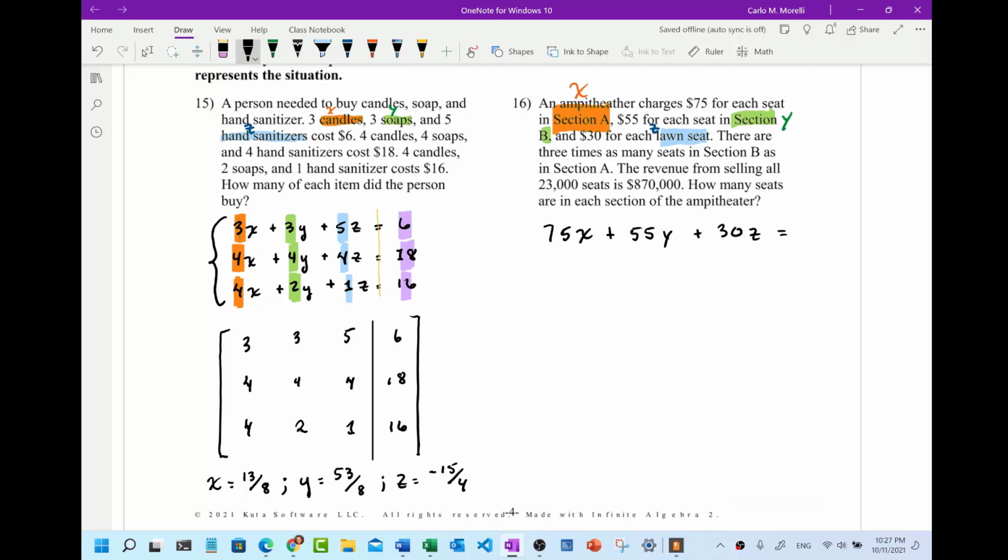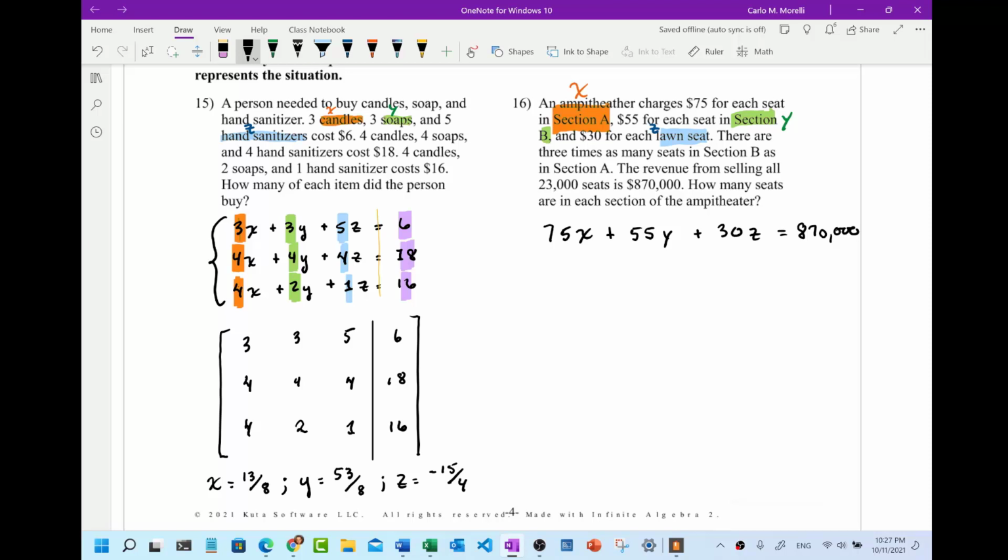And how much money did they make? $870,000. Okay, so quite a bit of money there for a single event, but there are 23,000 z's.